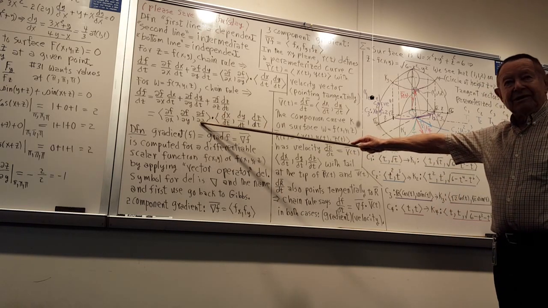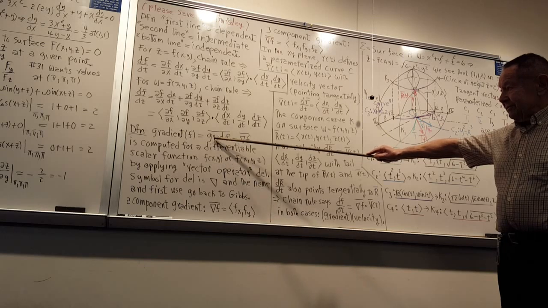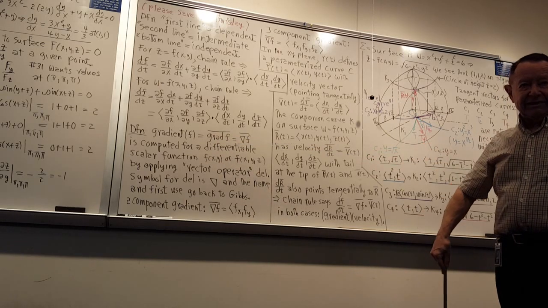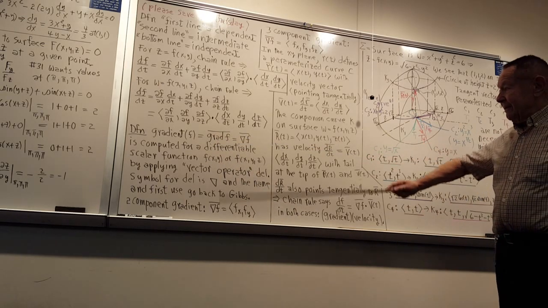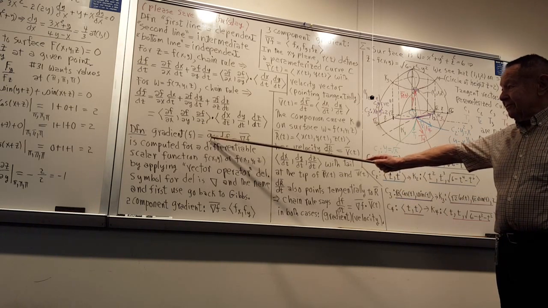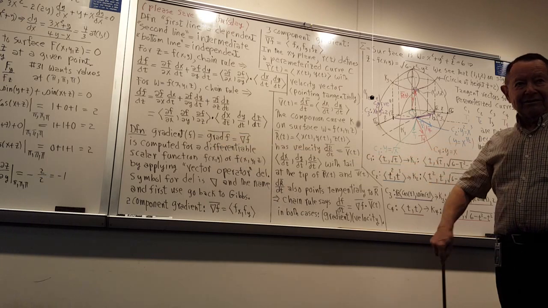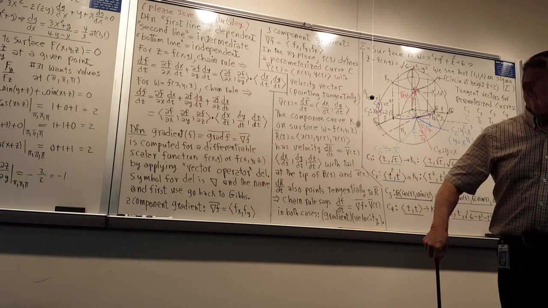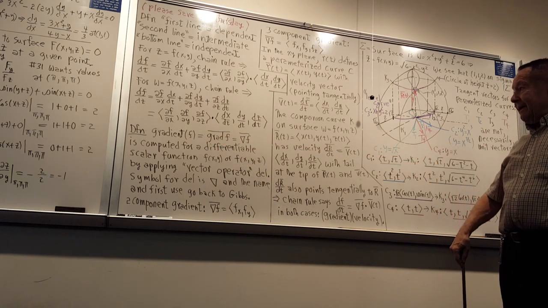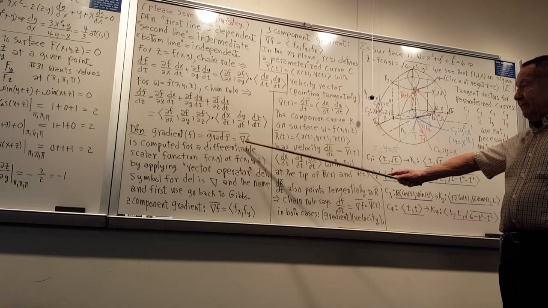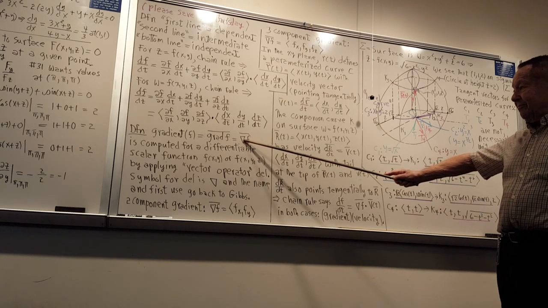And you see we're treating it as a vector, so this would be bold-faced type in the book. We either write grad f, and so I put the line on it at the board, but it's bold-faced type in the book. And the other way to write it is with this symbol.